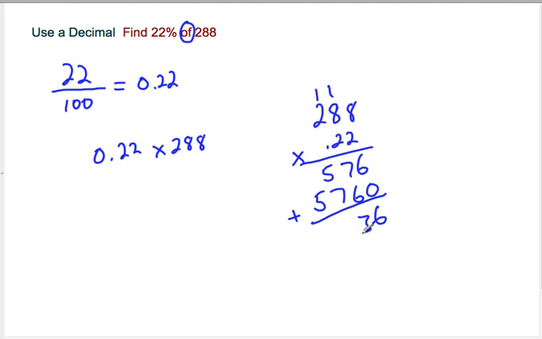So we get 6, 13, 13, and 6. And we're going to need two numbers after the decimal here, so it's going to be 63.36.